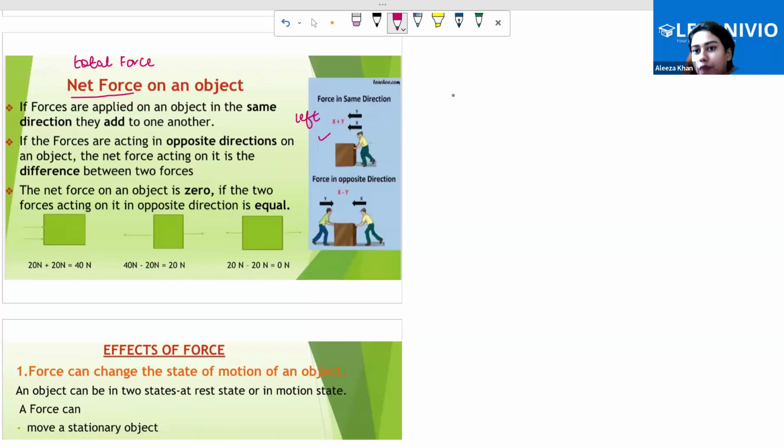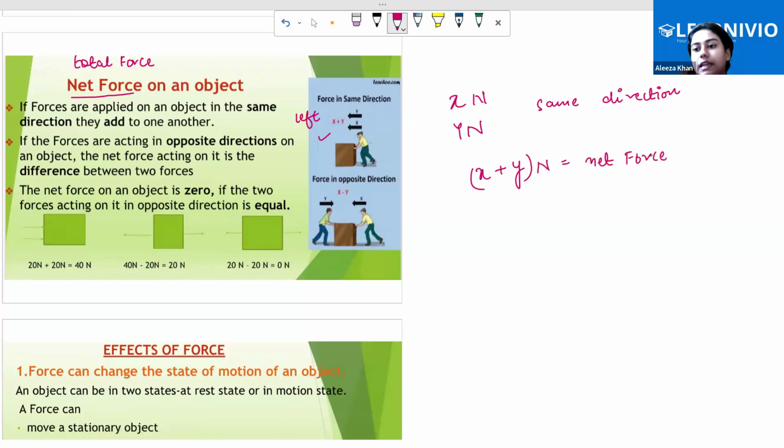Let's say one man has applied the force X Newton, and the other has applied Y Newton. Since they are moving in the same direction, the force will get added. That means X plus Y Newton will be the net force.